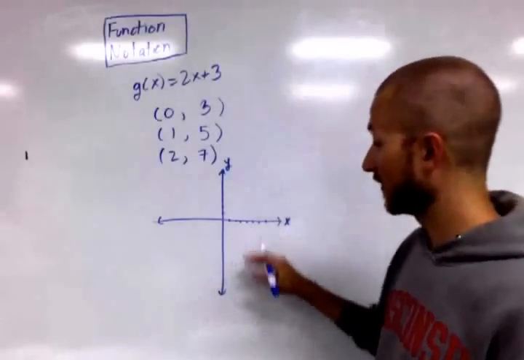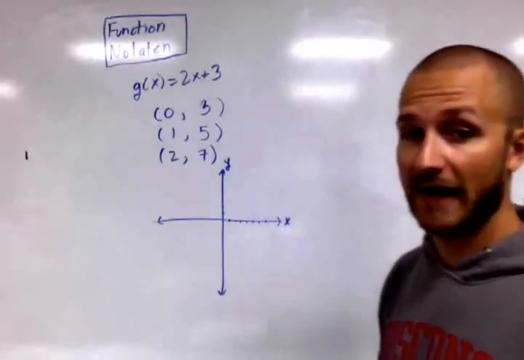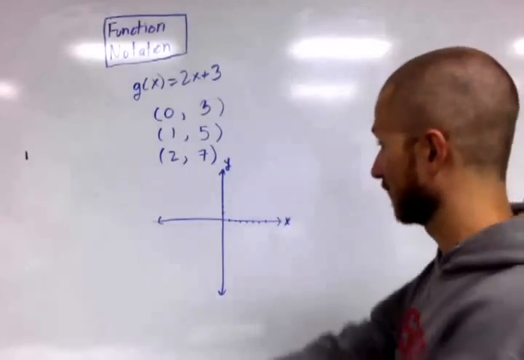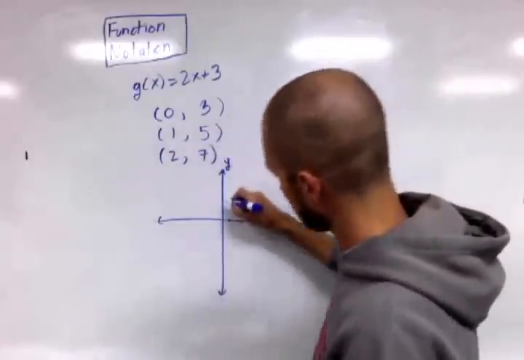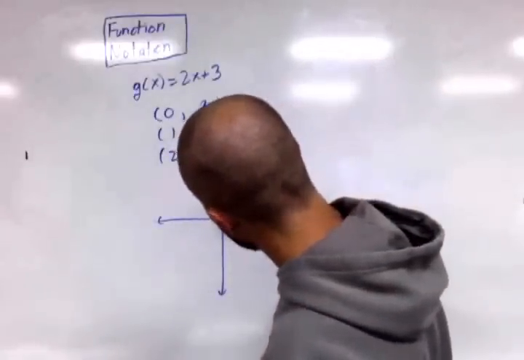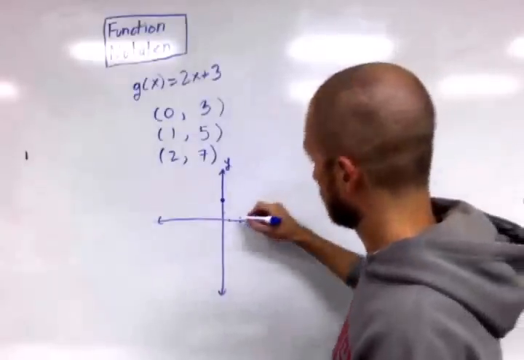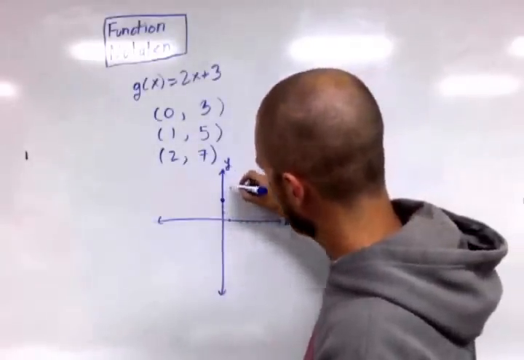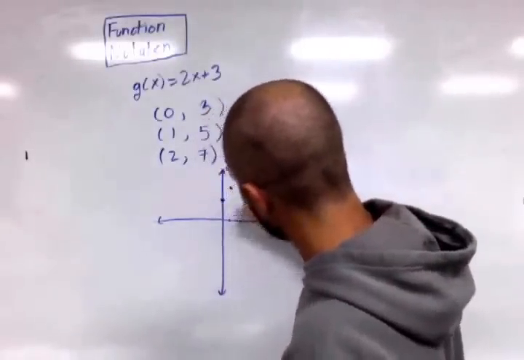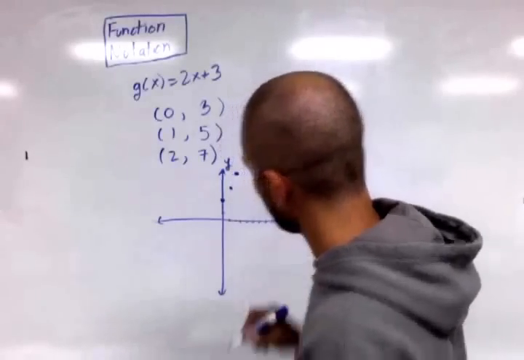I could tick out down here and to the left, but right now I don't have any negatives, so I'm not going to worry about that. So 0, 3 is the point right there. We get 1, up 5, and 2, and up 7.